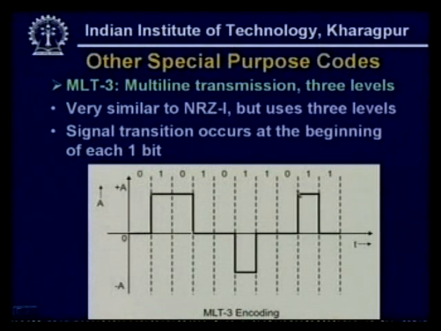In this way it is using 3 voltage levels, and signal transition occurs at the beginning of each 1. So, it is very similar to NRZ-I, but uses 3 different levels. That is the basic difference. That is the characteristic of this code.